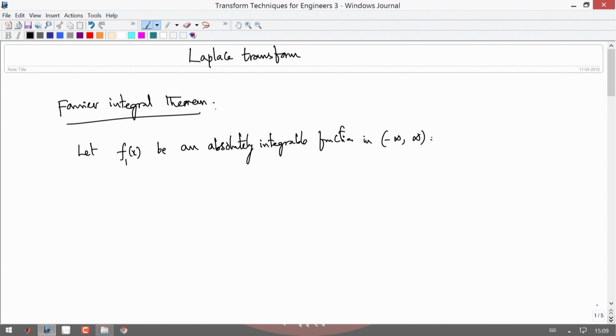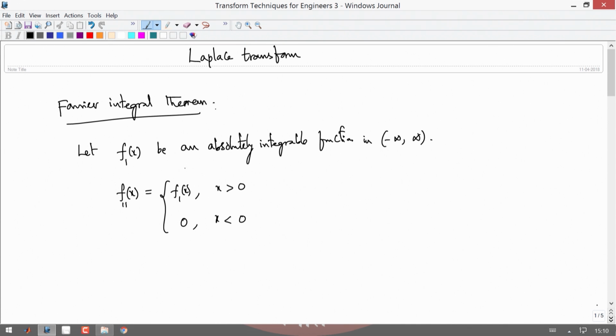So if you are given a full real line, absolutely integrable function, you can break it this way. Let us call the positive side f11. f11 of x is f1 of x for x positive, and it is 0 for x negative.